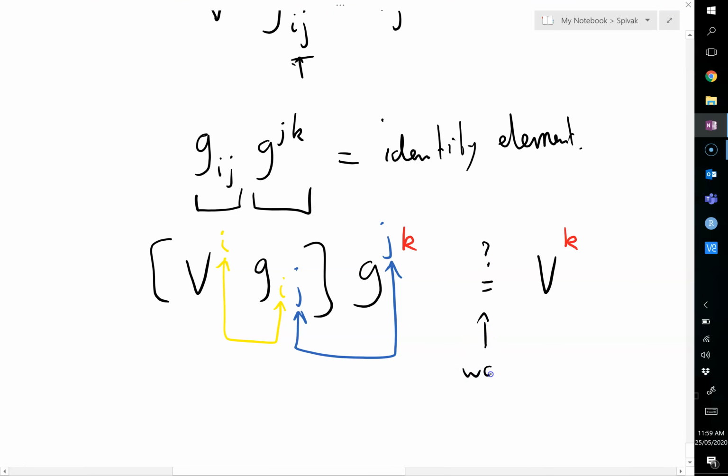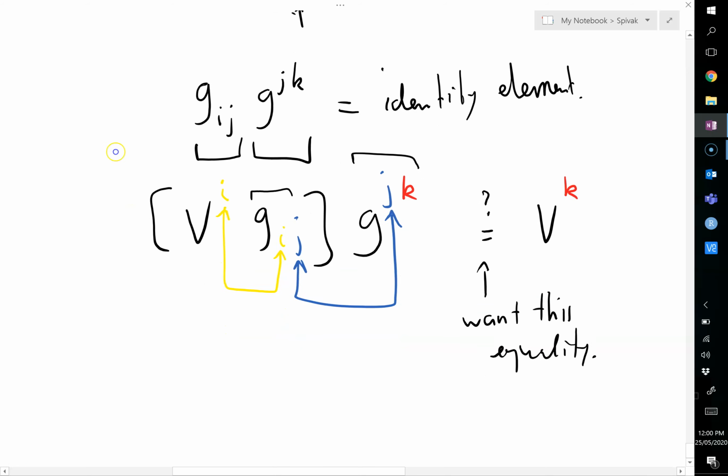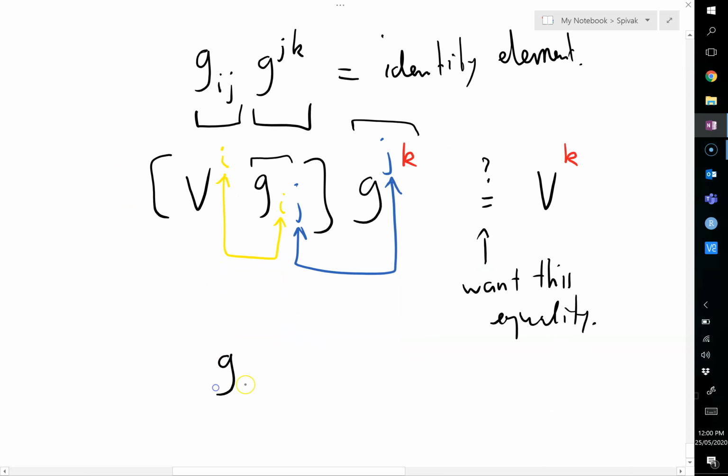We want this equality because what we've done is we've taken an index and moved it downstairs, and then I've moved it back up again, and we should really get back to where we started. So what that means in mathematical notation is I'm trying to prove that this is the case.